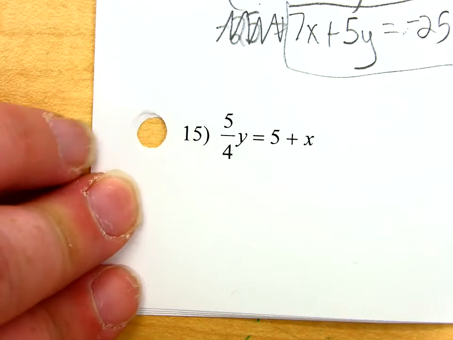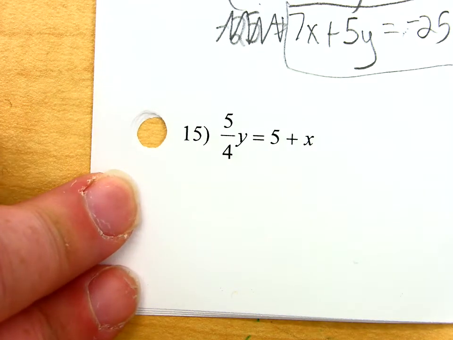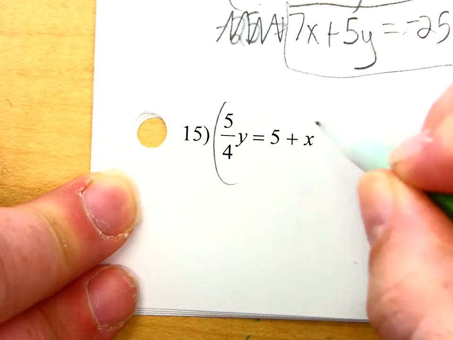What am I going to do first? You could. I like to get rid of the fractions first. But it doesn't actually matter what you do. Yeah, so we're going to multiply everybody by 4.